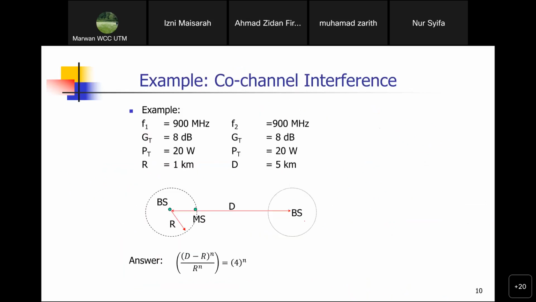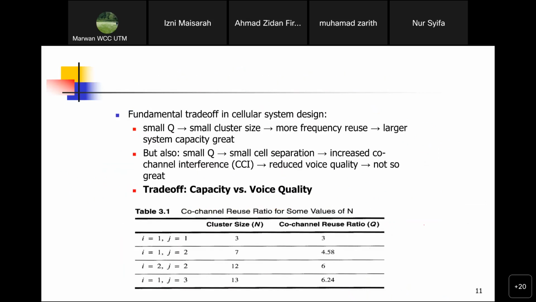Okay, so that is how you evaluate the C over I, the co-channel interference. It has to go into distance.